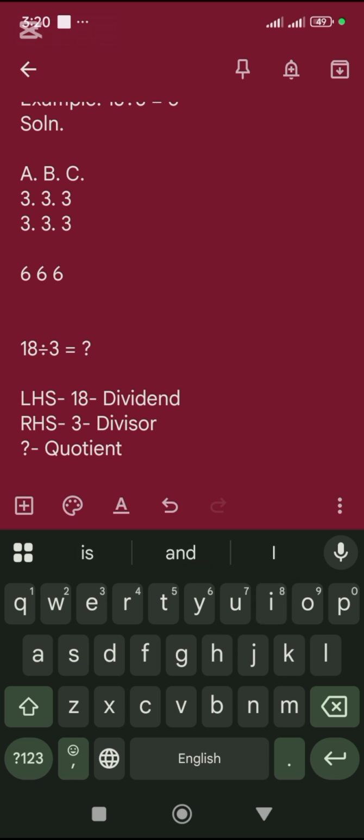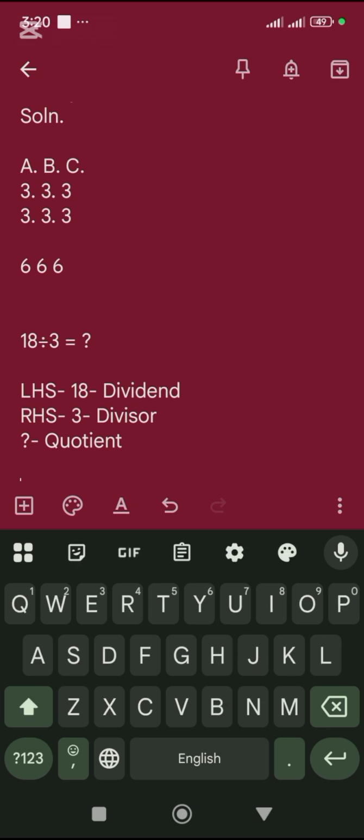Please, this is very important, especially as you start going into long division. The part that you are dividing is called the dividend. The group you are dividing them into is called the divisor. And what each group receives is called the quotient, and that is in most cases the answer you get.